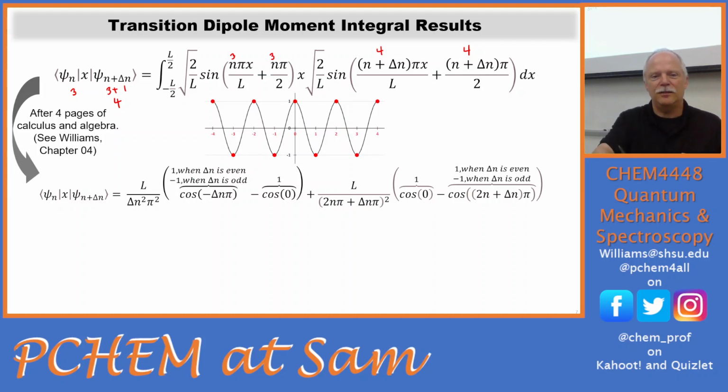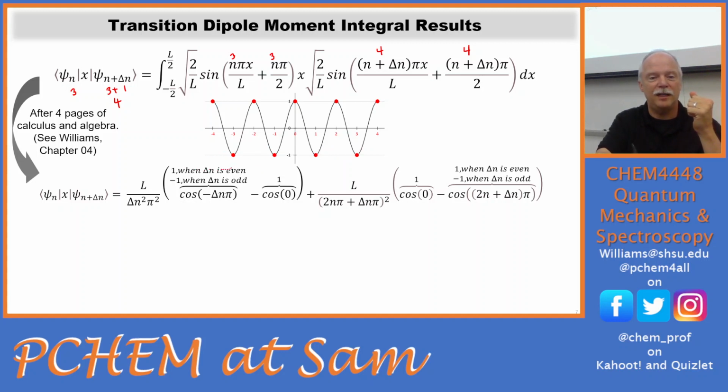And so what we need to do is we need to look at the cosine curve. Notice at 0, 2 pi, 4 pi, cosine equals +1. And so there's a difference between even multiples of pi and odd multiples of pi. At 1, 3, 5, etc., cosine equals -1. And so this is where our selection rules come from.